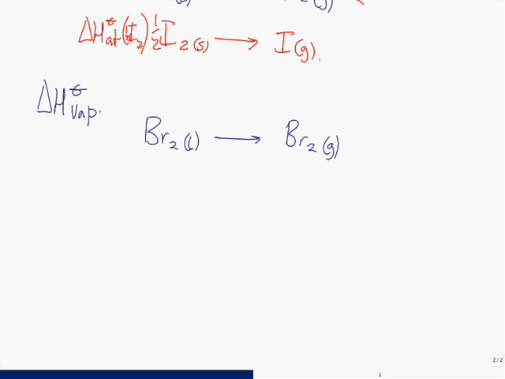Lattice enthalpy, delta H lat. As it suggests, it's about the lattice of an ionic compound. Now it comes in two different forms.